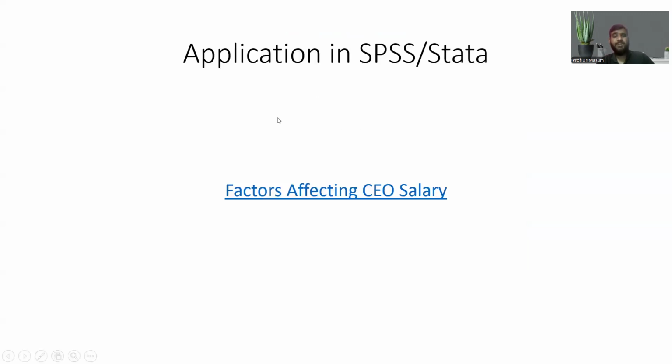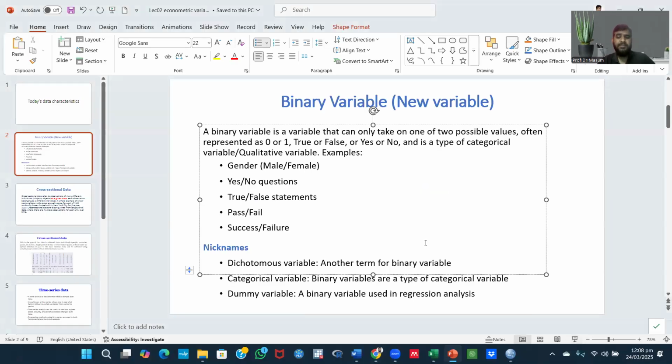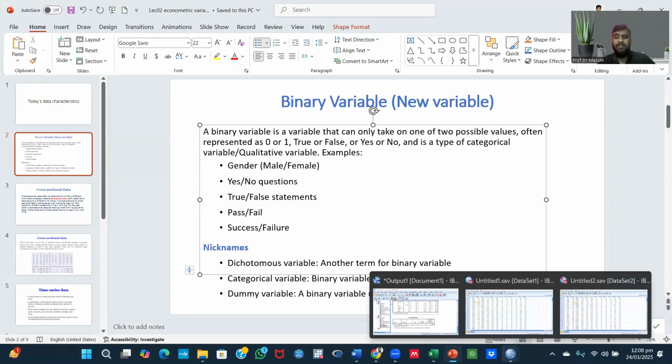Panel data and applications in SPSS, we applied factors. Our research question today was: what are the determinants, or factors, affecting CEO salary? We have applied the data in SPSS.